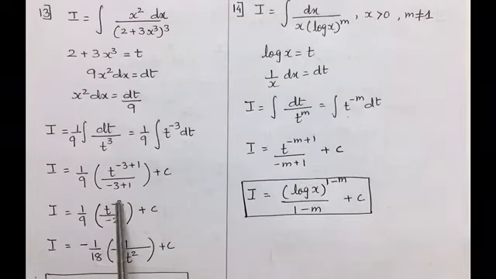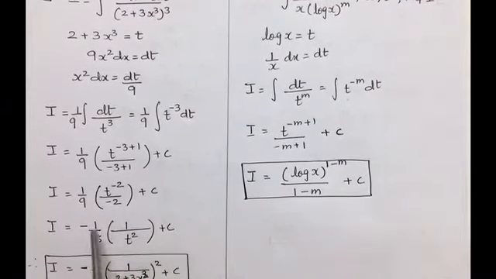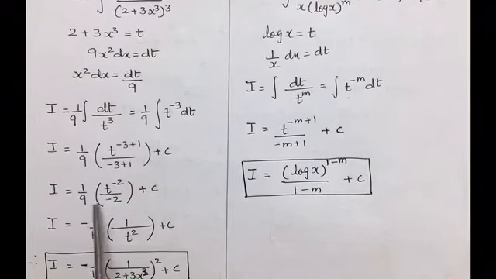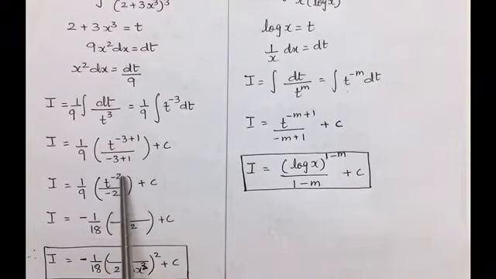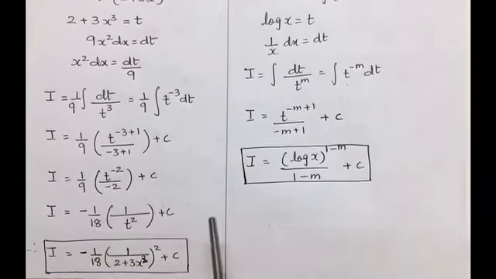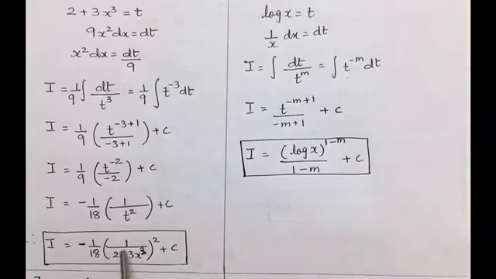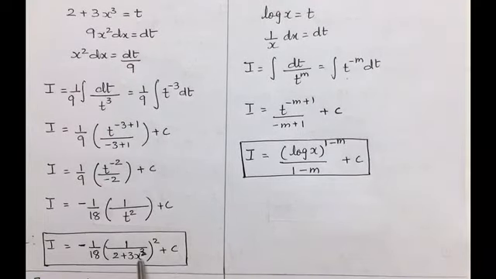So it becomes t raised to minus 2 upon minus 2, and it will give us minus 1 upon 18, and t raised to minus 2 is expressed as 1 upon t square plus c. Now keeping the value of t, we'll get minus 1 upon 18, 1 upon (2 plus 3 x cube) whole square plus c, which becomes the answer for the integration.